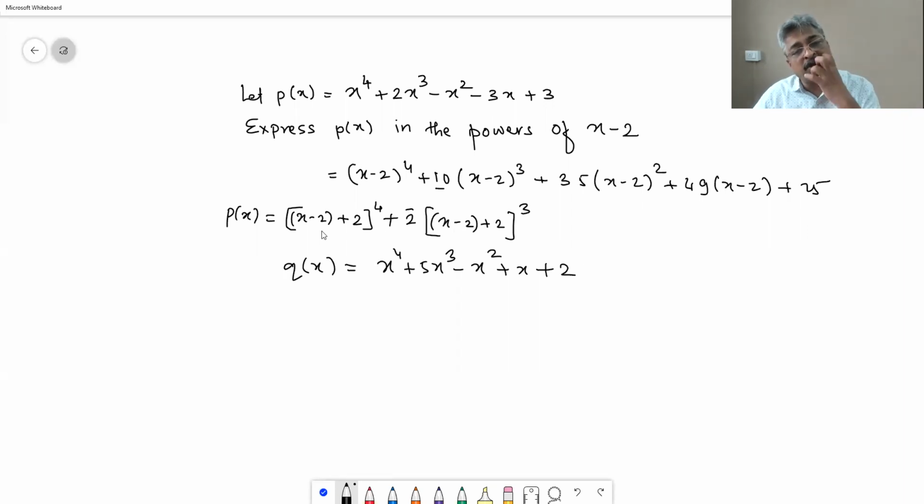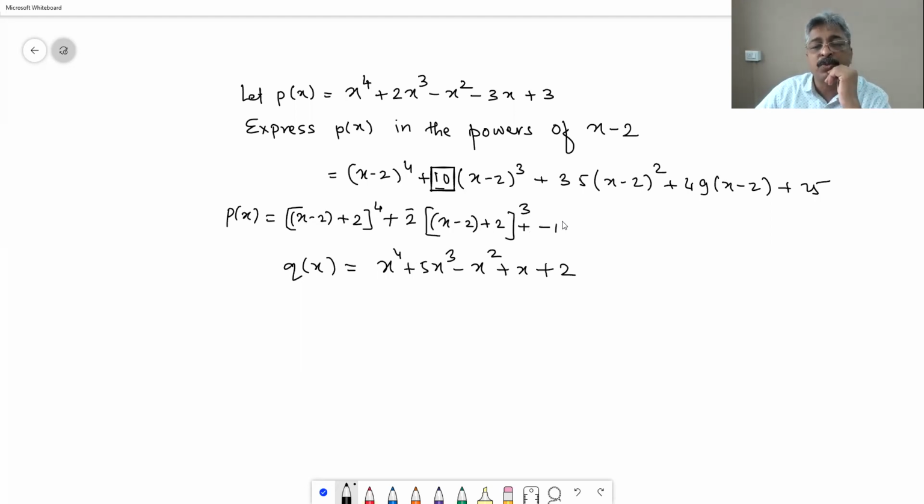The coefficient of x minus 2 bracket cube from the first part is 4 into 2, that is 8, and with 2 more, that makes it 10. So it will work like this, but it is going to be a huge expansion.